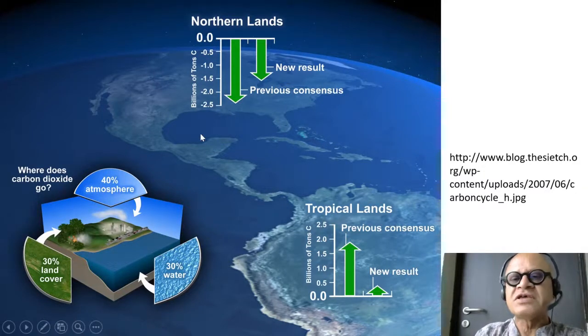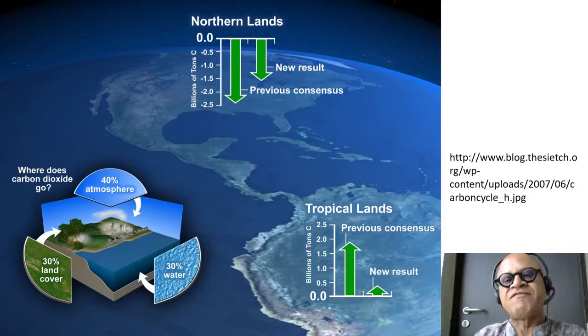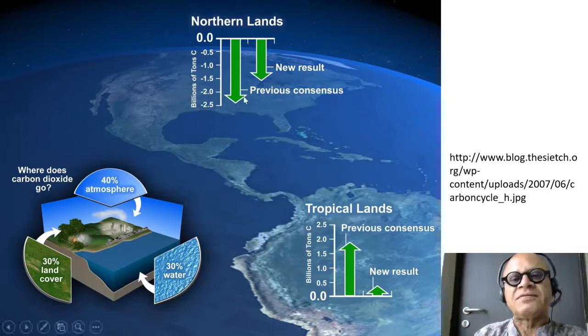If you look at the results from 2008, I think 2007 here, the previous consensus on how much carbon was being taken up by the northern hemisphere land, you can see these are negative numbers in terms of billions of tons of carbon. As I said before, carbon and carbon dioxide have a multiplication factor of 3.7. You can make sure exactly what it is, but the new update says that actually that number may be quite a bit smaller.